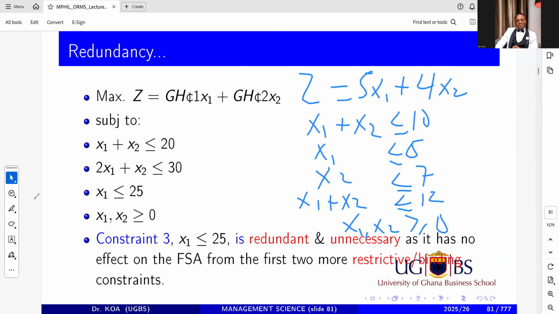What irregular type of linear programming is this? What irregular type of linear programming are you seeing here? This one, I want a smart person to give me an answer.